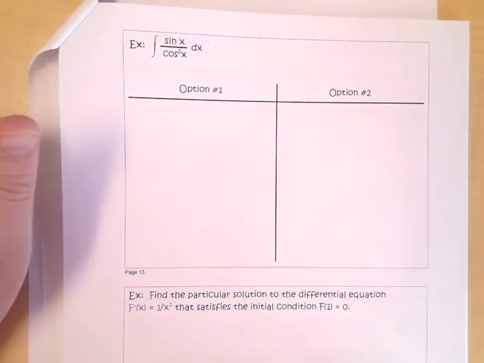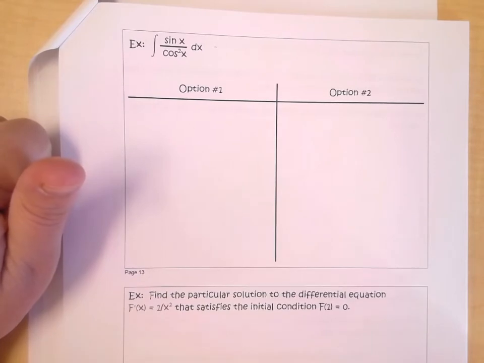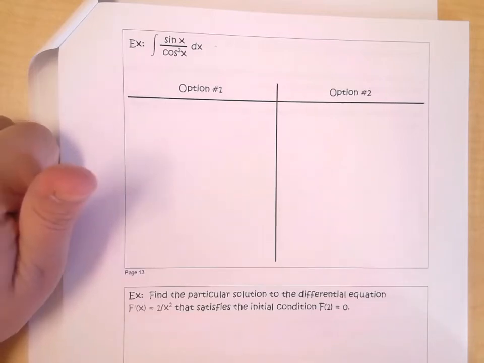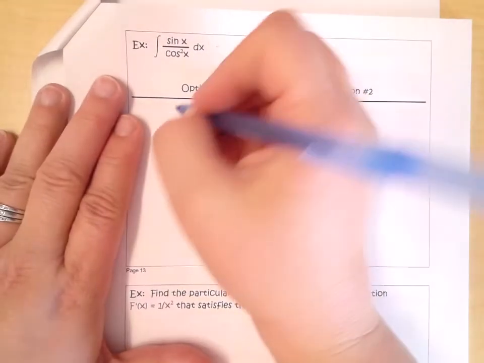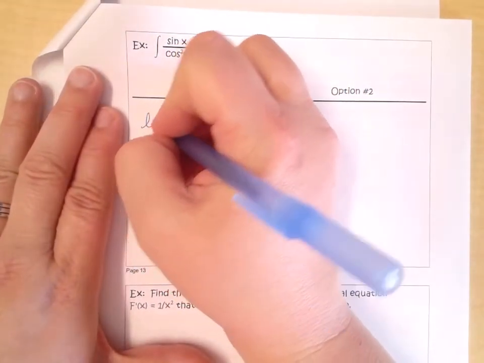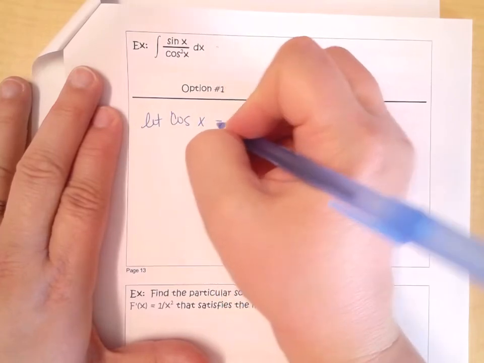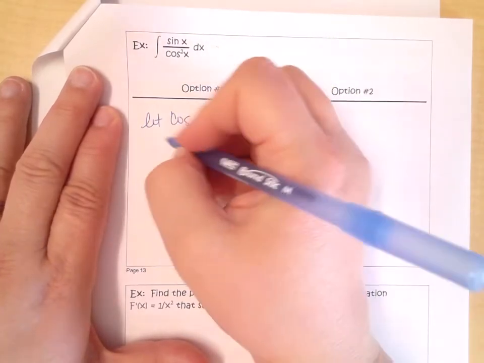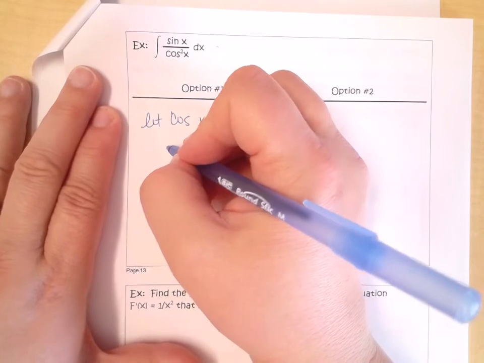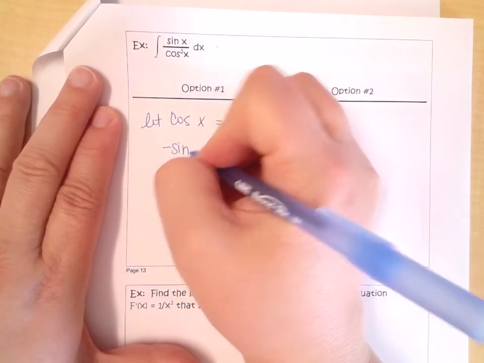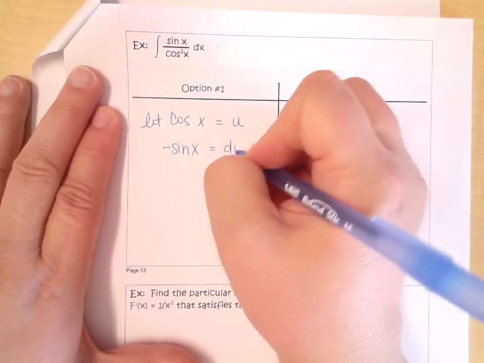What do you think for sine x over cosine squared x? Actually, I'll help you with option 1. One way to solve this is to let cosine x equal u, and the derivative of it equal du.